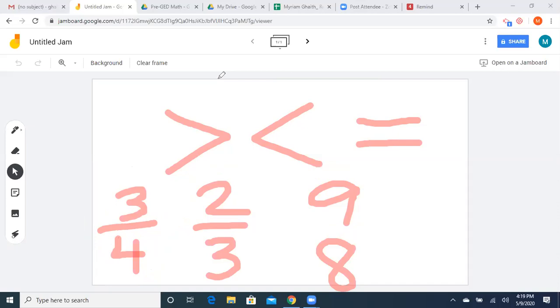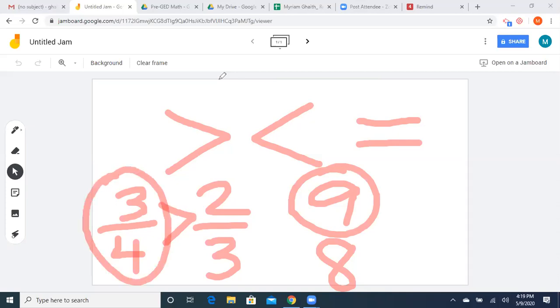When I want to write down which one is greater than or less than, I'm going to go with the first fraction. Why? Again, because when I started by multiplying the numerator of this fraction first, 3 times 3 gave me 9, which is greater than when I multiplied 2 times 4. Does that make sense? Yeah.